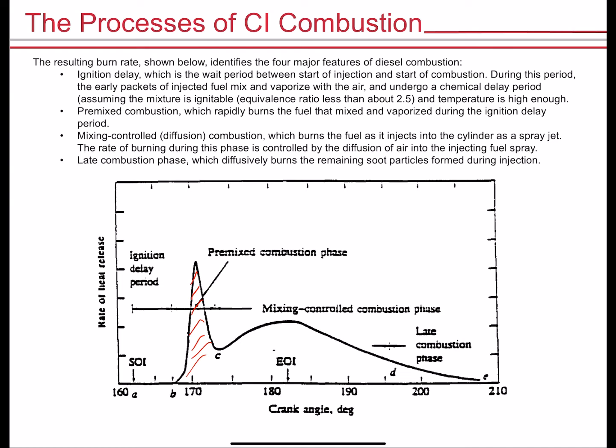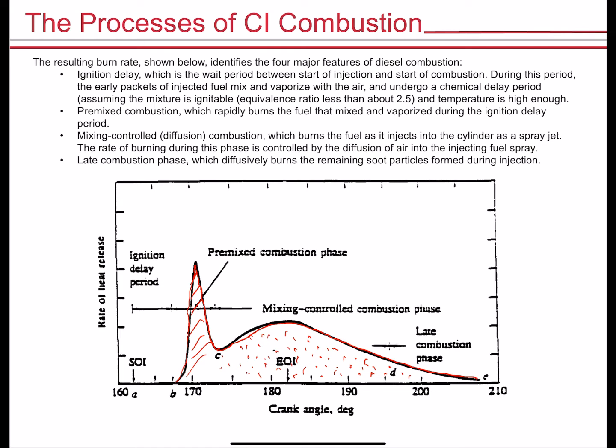And then the corresponding mixing controlled burning, right, is that additional fuel that gets injected into the cylinder after start of combustion, right? And then that fuel, of course, burns diffusively or in a mixing controlled fashion, and generally has a much longer burn profile to it than the somewhat dramatic and spiky premix that occurs with the premixed combustion burn phase, okay?